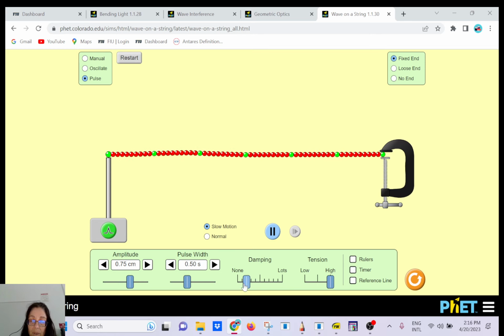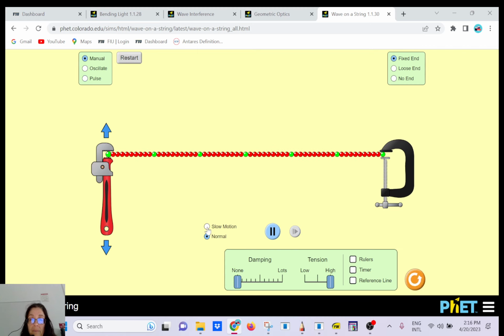It's hard to see because I have some friction here, but let's do no friction. So it's moving forward and then it's being reflected. You see that? And then it's going to be reflected again, right? Now look what's going to happen.